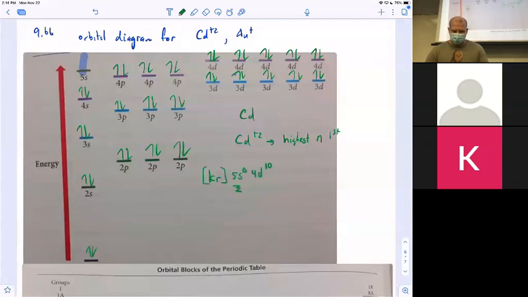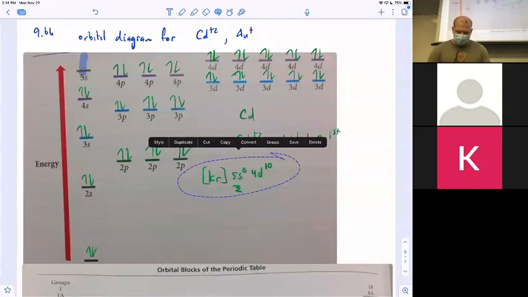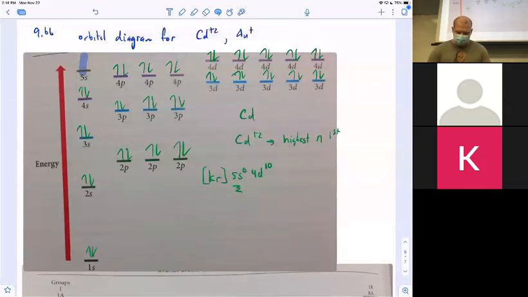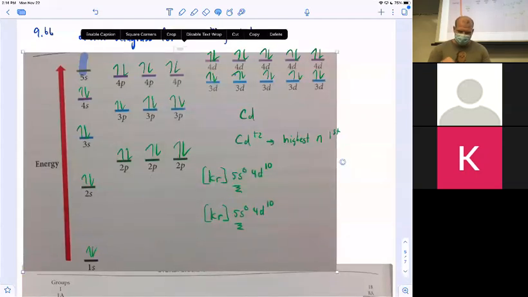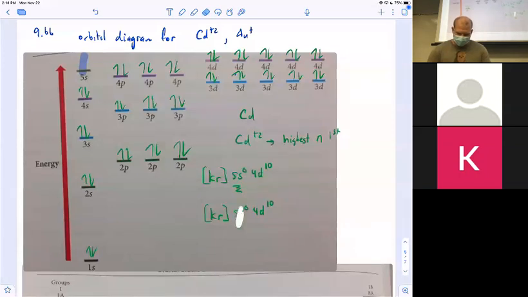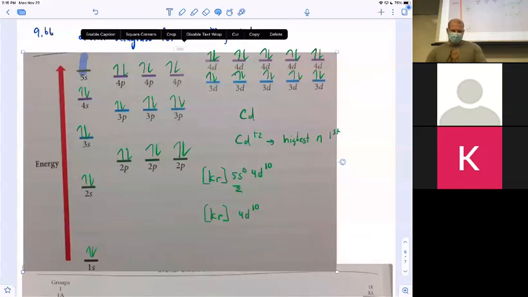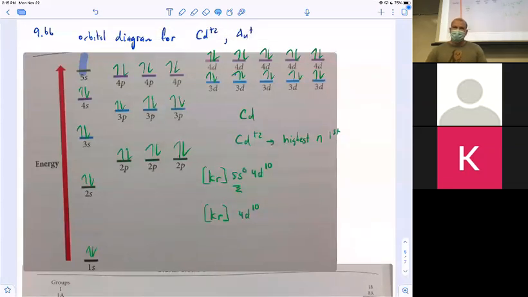But you would not write that. The way you would actually write it would be like this. Like that. So you would write cadmium +2 like that. Any questions with that?